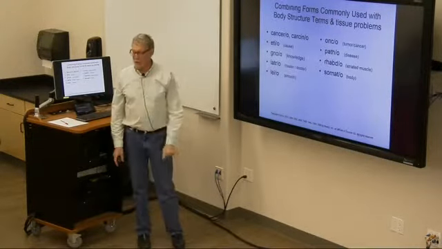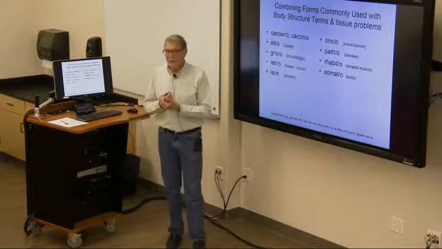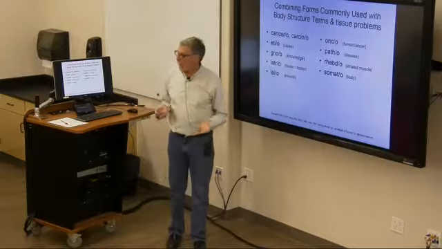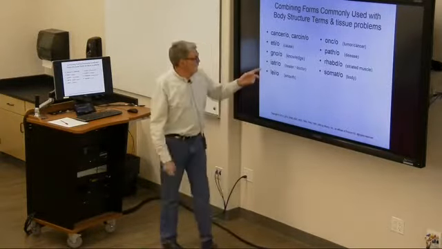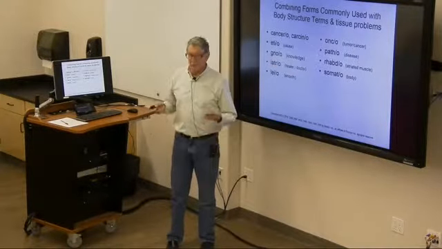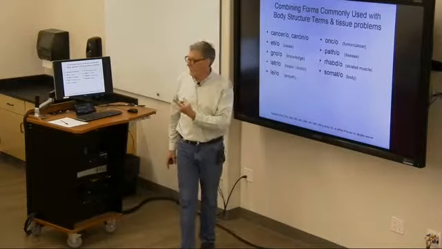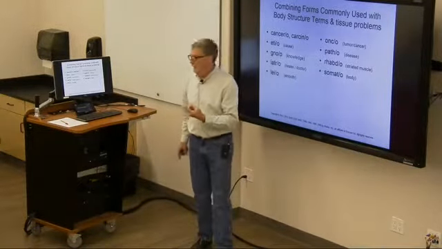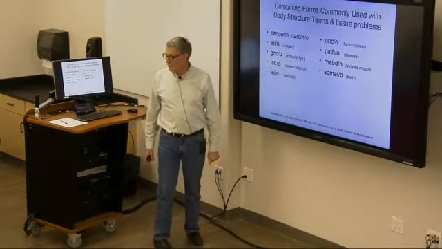Iatro is a term meaning that it was caused by the medical community, caused by the procedure that you had. An iatrogenic condition is something that you got because you went to the hospital. Maybe it was a side effect of a drug that you took, or maybe they cut off the wrong leg.